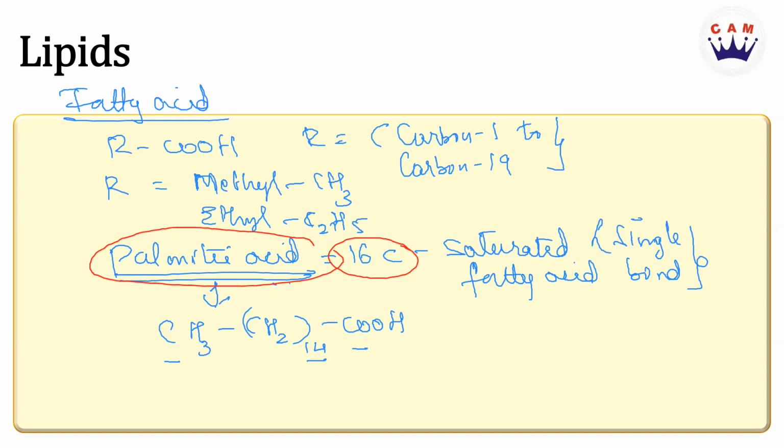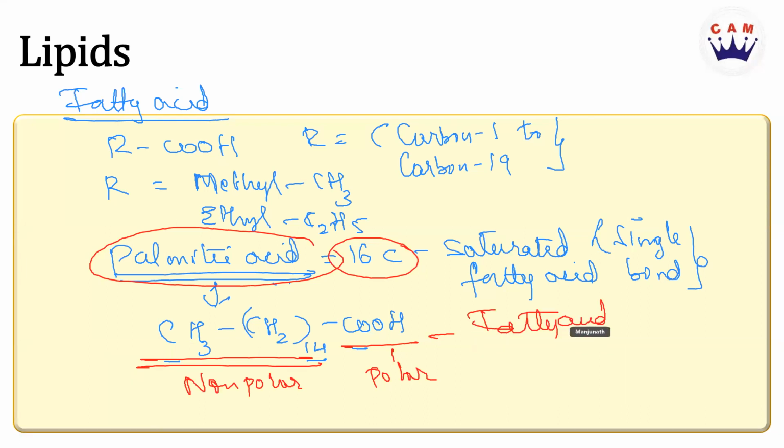Even here, only COOH is polar. The hydrocarbon containing carbon and hydrogen is non-polar, even in a fatty acid. So how do you diagrammatically show a fatty acid? You show it with the head and one tail.